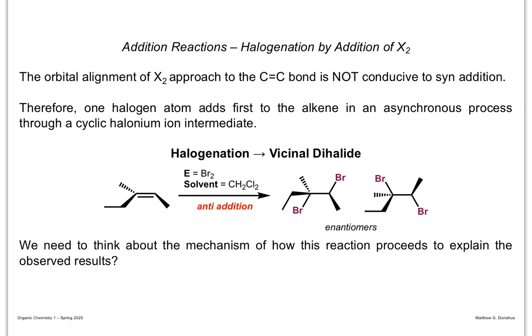So using our model alkene with Br2, and then this is where, again, even though it's the last lecture, the subtlety and the reaction conditions matter. This solvent is called dichloromethane, so CH2Cl2.